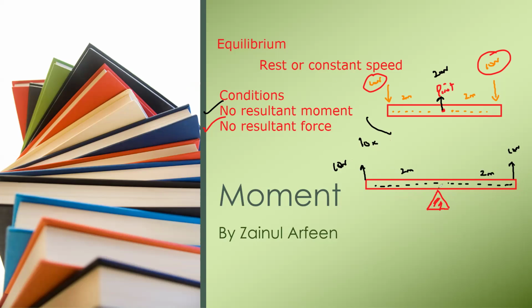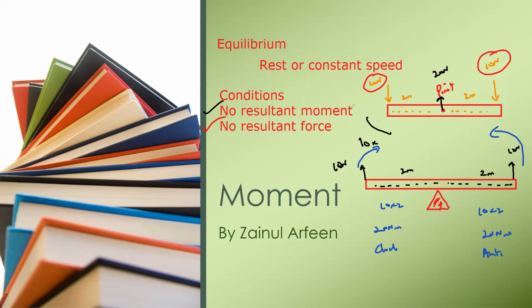When we work out, this will cause a turning effect. This is also causing a turning effect. So it will be 10 multiplied by 2, which equals 20 Newton meter, opposite to the direction of the clock. And here it will be 10 multiplied by 2, 20 Newton meter, in the same direction as the clock.